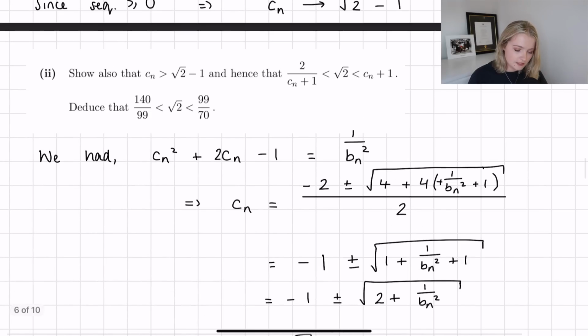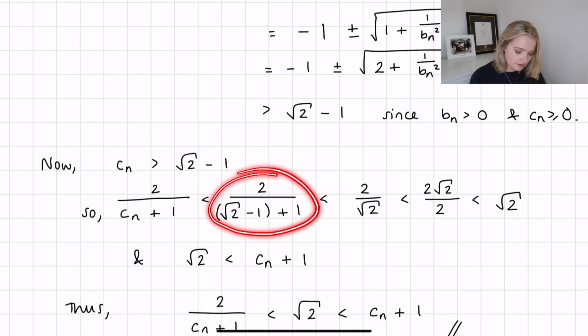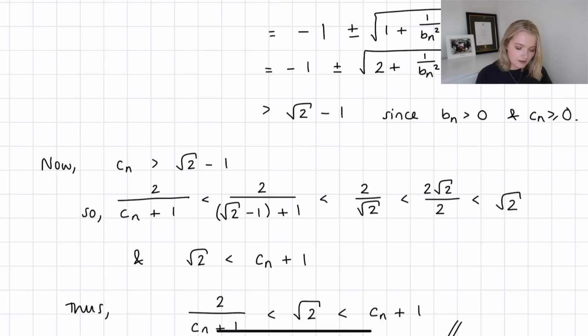So 2 over Cn plus 1, well, we know that Cn is greater than this, so we can rewrite it like this and say this is less than this here. And again, simplifying, we can just cancel the 1's out there, get this value. We know we can rewrite 2 over root 2 as the same as this, and therefore it's less than root 2.